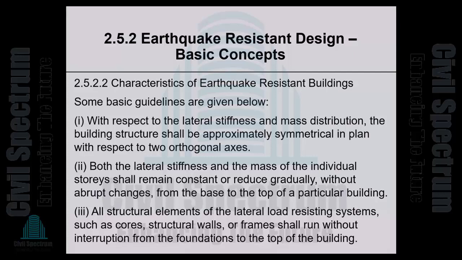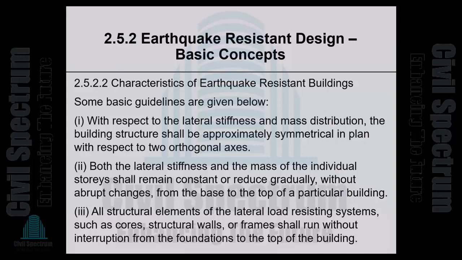Both the lateral stiffness and the mass of the individual stories shall remain constant or reduce gradually, without abrupt changes from the base to the top of a particular building. Okay, so masses should remain uniform or change gradually.